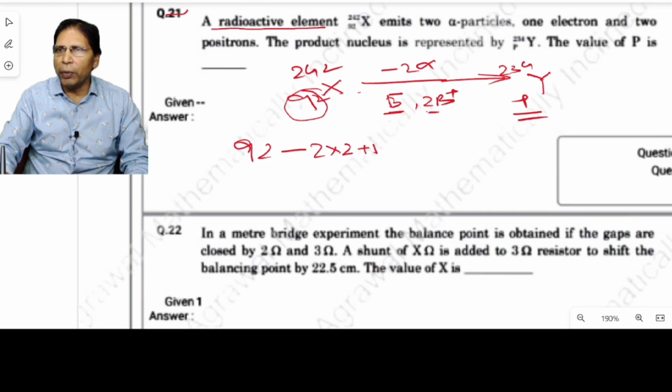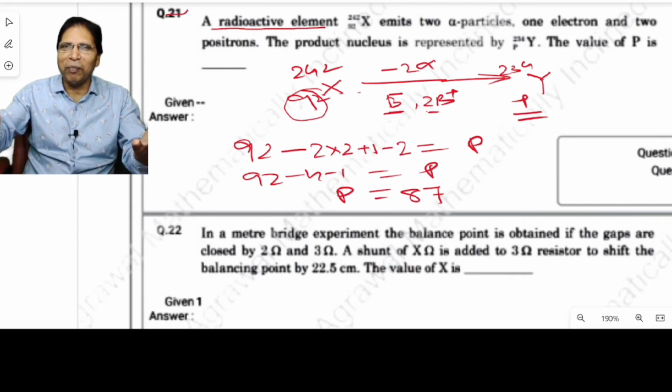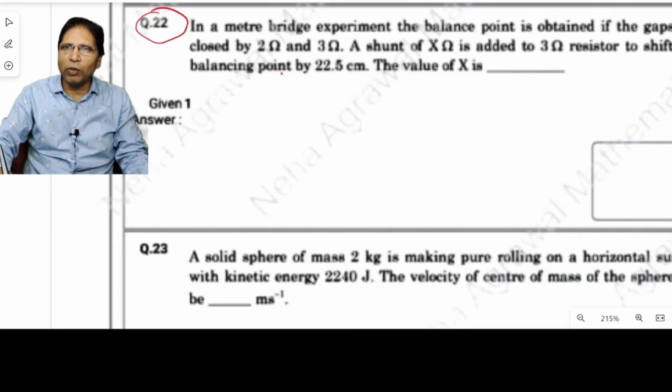When two positrons are emitted from this, atomic number decreases by 2. So this equals P. Now here, 92 minus 4 minus 1 equals P. So P equals 87. Okay, no problem.